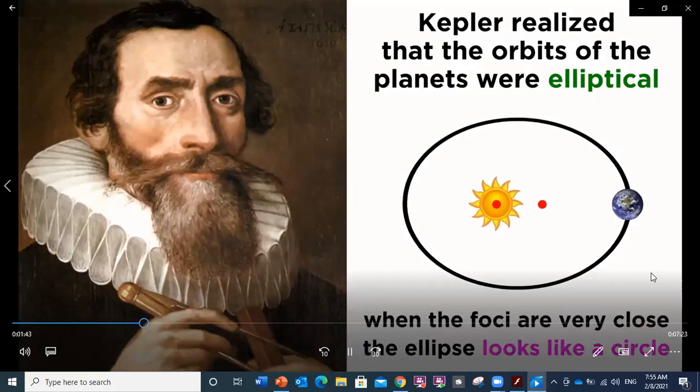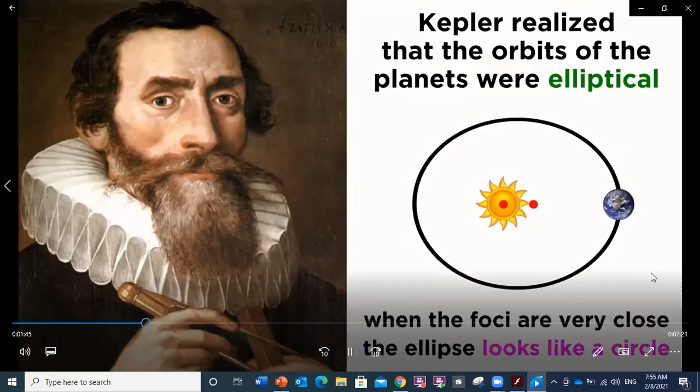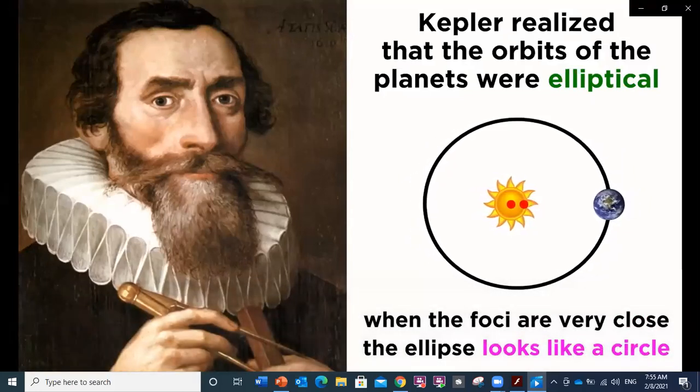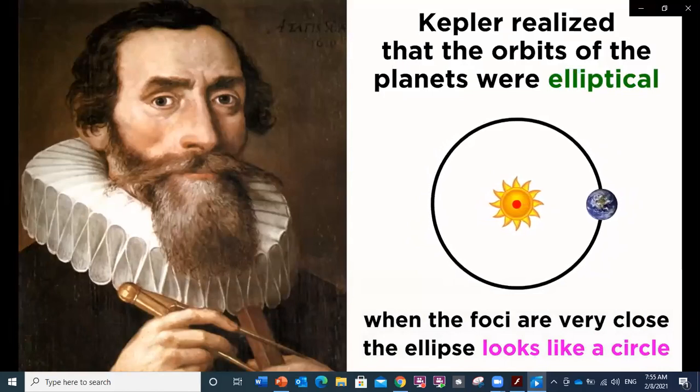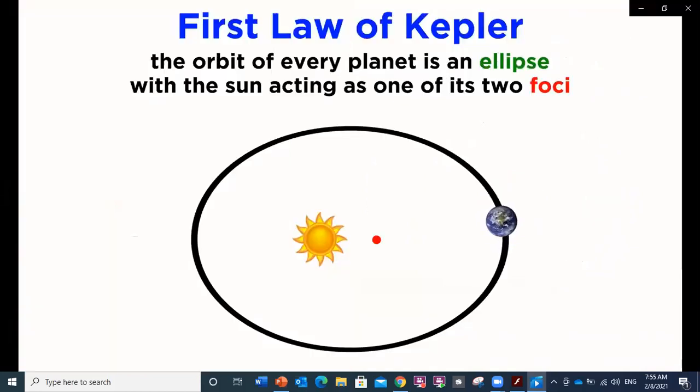When these foci get very close together, it starts to resemble a circle, since a circle is just an ellipse with foci that coincide. This is why the orbits of the planets seem circular, and why we operated under that assumption for so long. The brilliance of Kepler was to realize that the planets actually follow elliptical paths, with the sun acting as one focus of the ellipse.